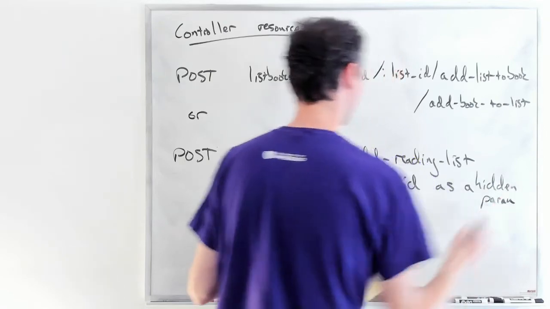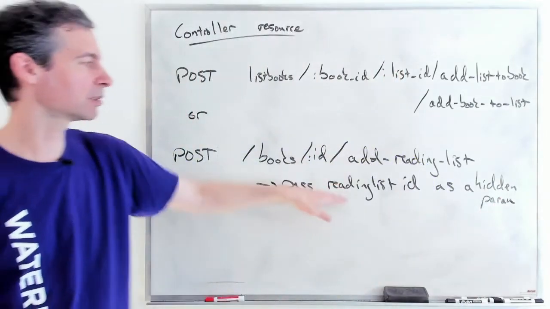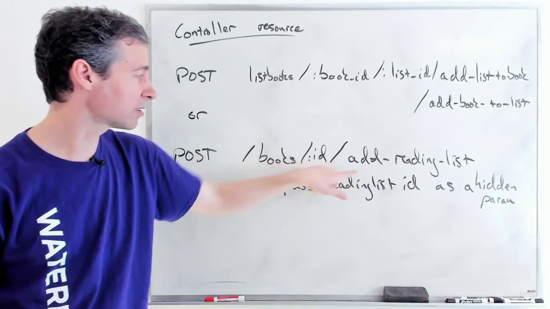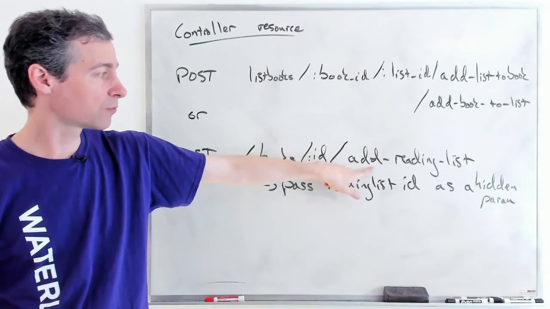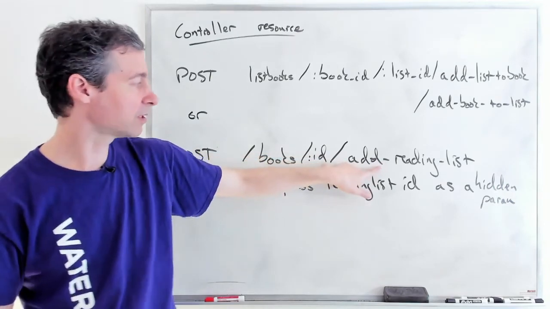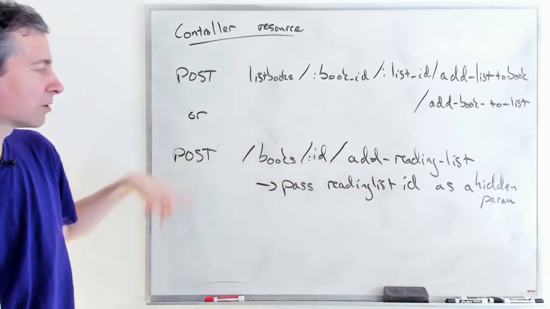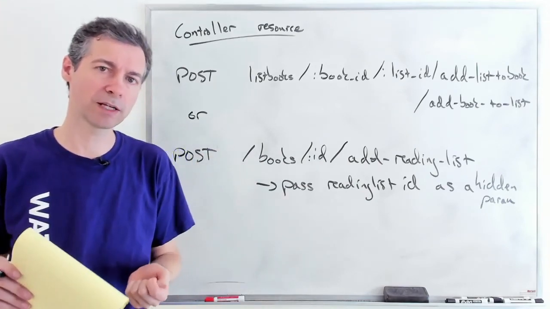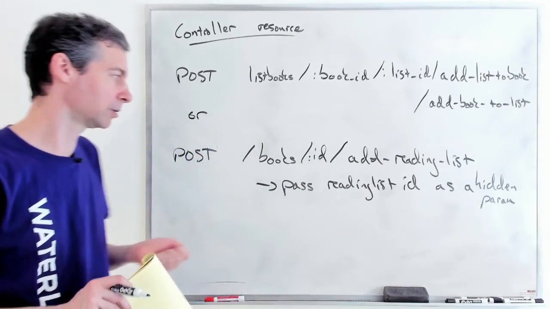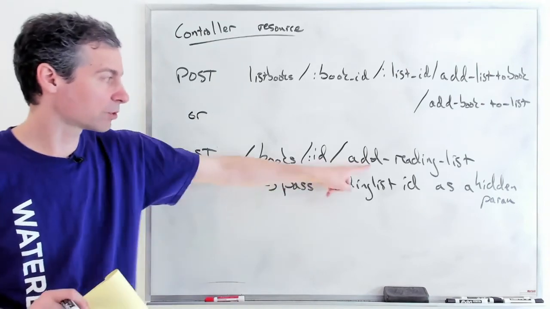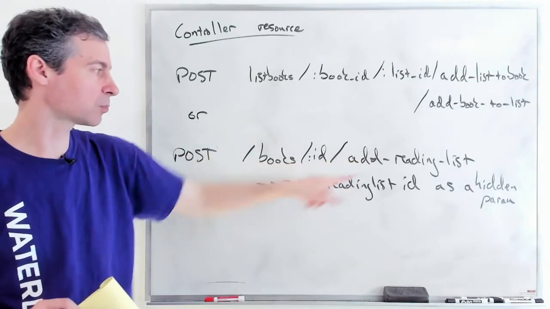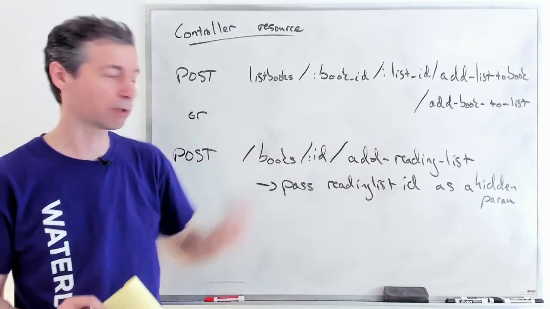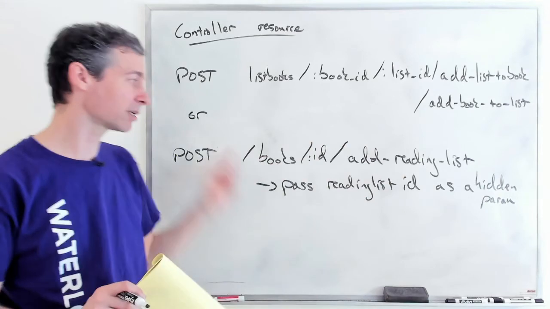Some form that when submitted has a reading list ID, probably as a hidden tag, and then it comes into the controller, where we've written a separate method to handle this, so we don't end up having to write a fancy method for our editing of the book, but we just write a particular method for this one, and we know it's adding the reading list to this book, and we pass in this parameter in a hidden tag. That's kind of nice too.